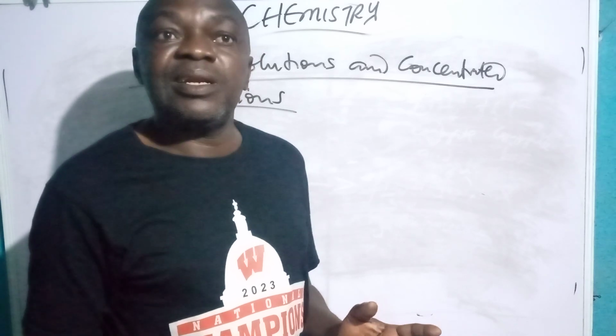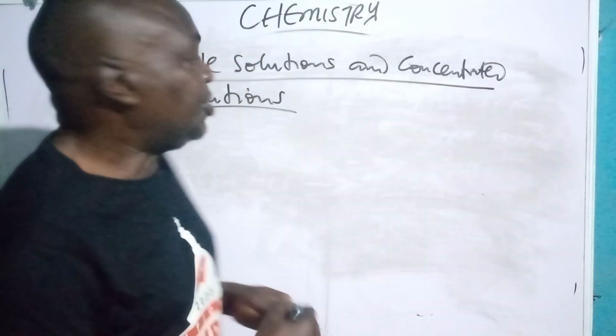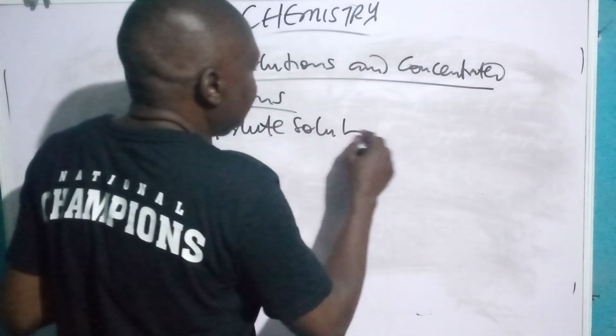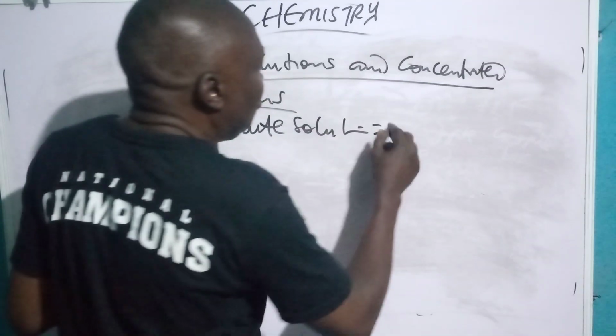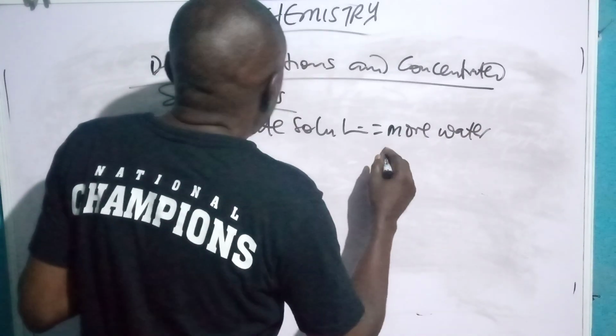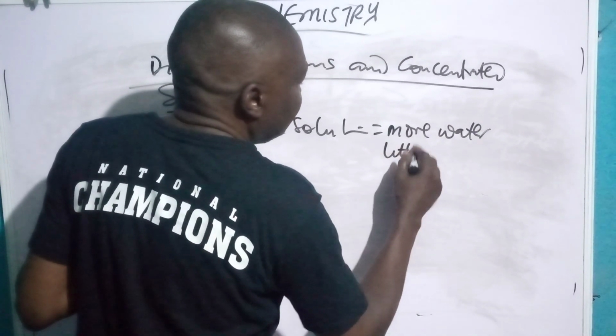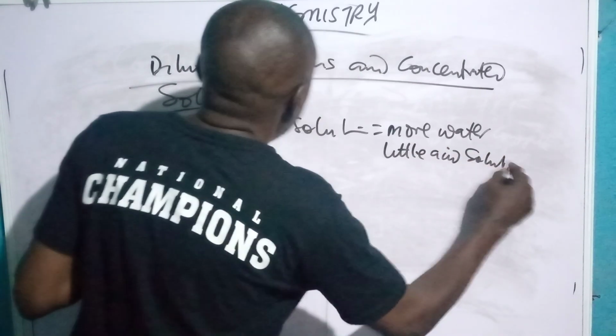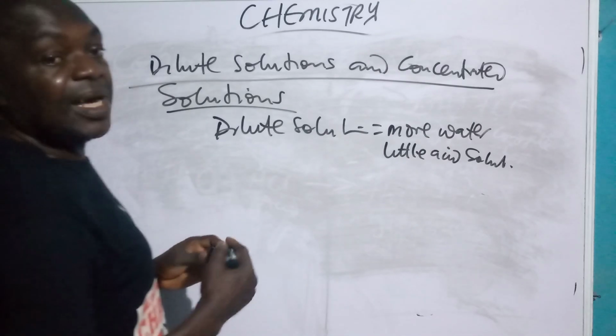They contain a larger amount of water. A simple way of representing it: more water, little acid. That's for dilute.